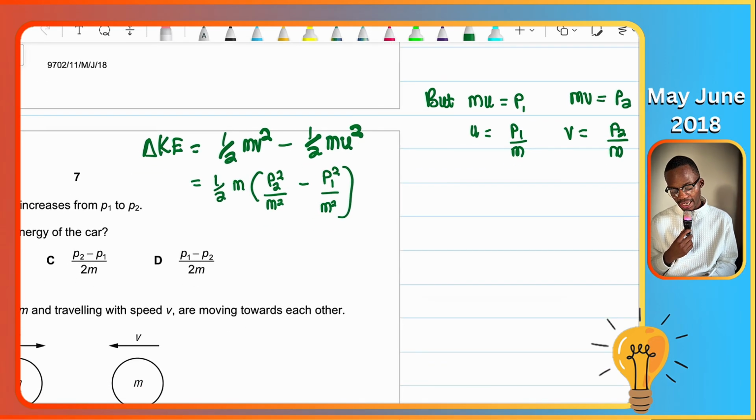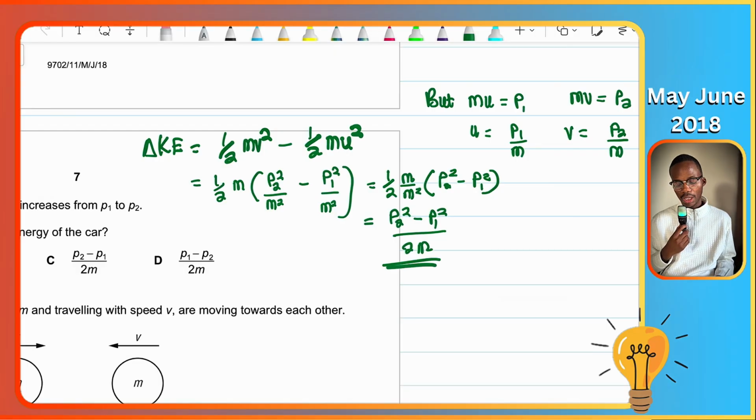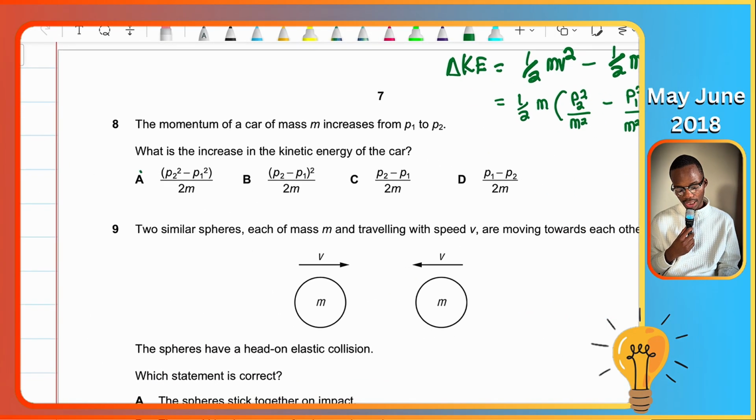Okay, and I can factor out m squared also in this case, so I'm going to be left with 1/2 m over m squared, P2 squared minus P1 squared, which is going to make that cancel out. So I'm going to have P2 squared minus P1 squared divided by 2m being my final simplified version, which is A.